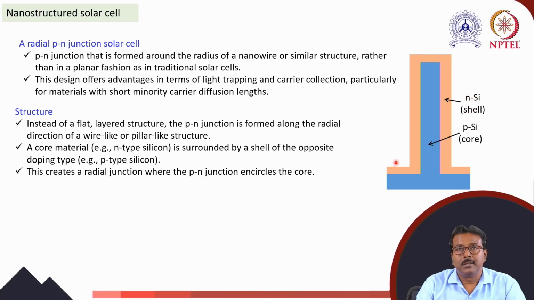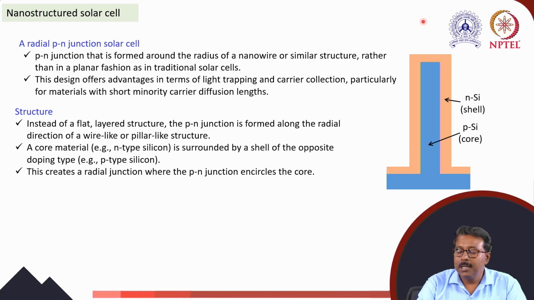The blue color indicates the P silicon and the light orange color is the N silicon shell. If you observe here, the p-n junction is formed radially from here to here.